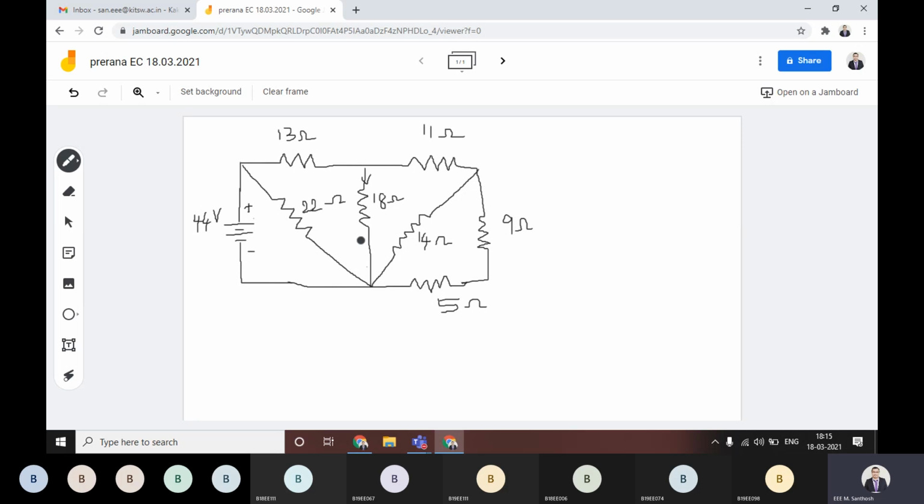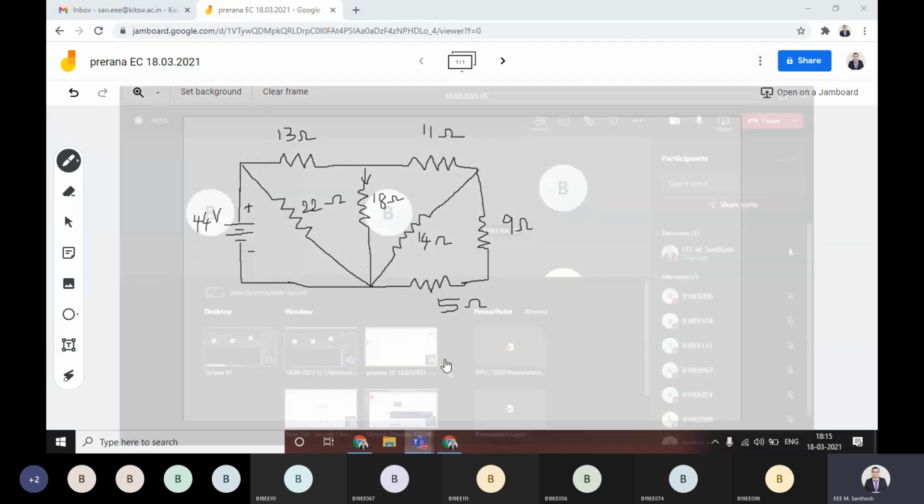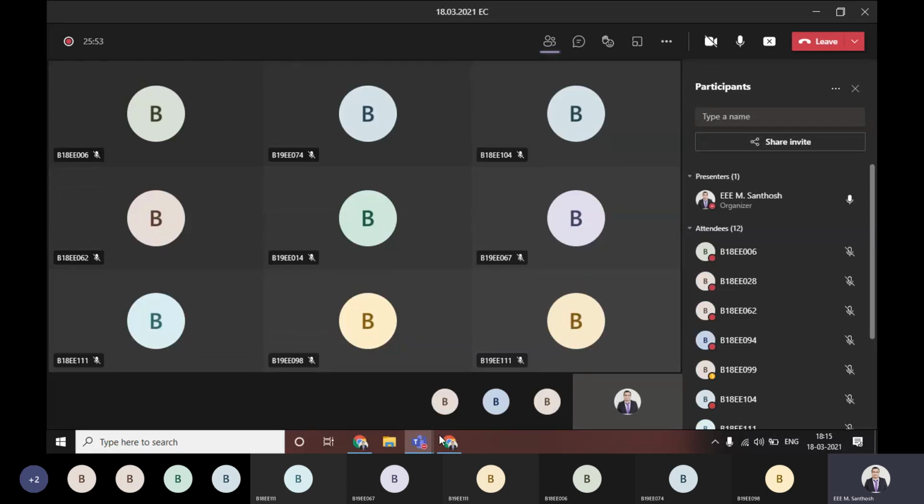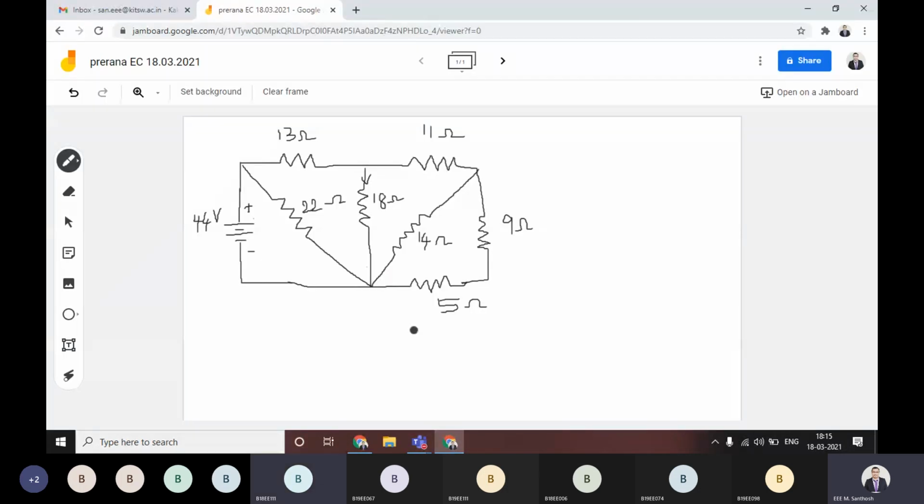Anyone? Already 1 minute 20 seconds. This is simple. This is the circuit. From this circuit you find 1.14, sir. 1.14. Okay. Any other answer?